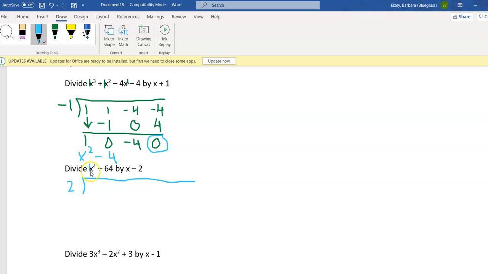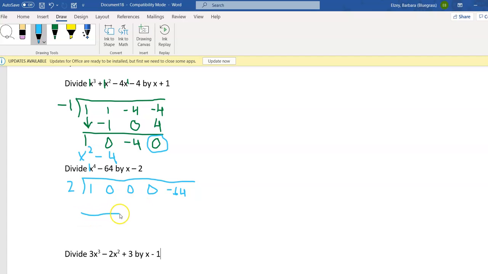So I have a 1 in front of my x to the 4th. But there's no x to the 3rd, so I need a 0 for that. There's no x squared, so I need a 0 for that. There's no x, so I need a 0 for that. And now I can put my -64. Here's the 4th power, 3rd power, 2nd power, 1st power, and finally the number.